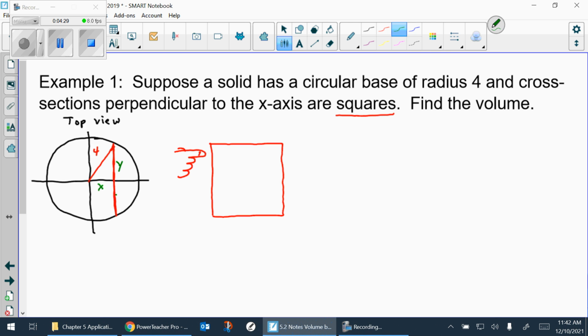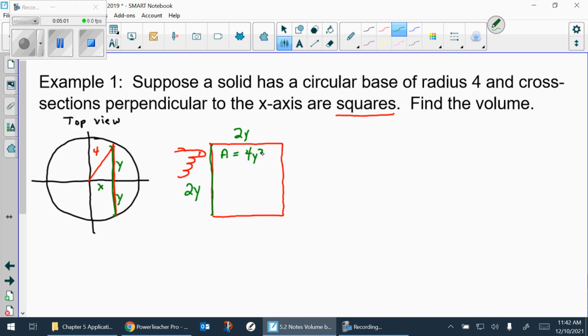And since this is a nice symmetric circle, we're going to have a y down there, which means that this slice right here that I stood over here has a side that is 2y. And if I'm interested in the area, I take my 2y times 2y, and I'm going to get an area of 4y squared.